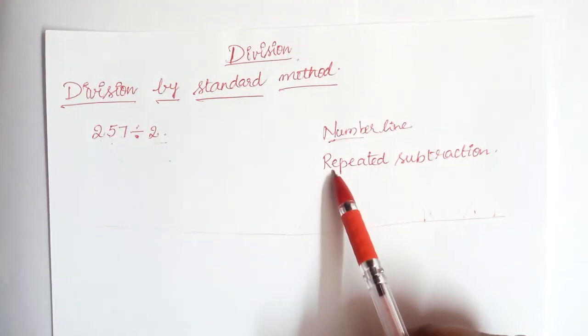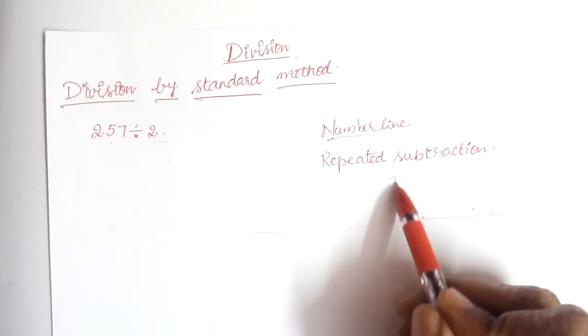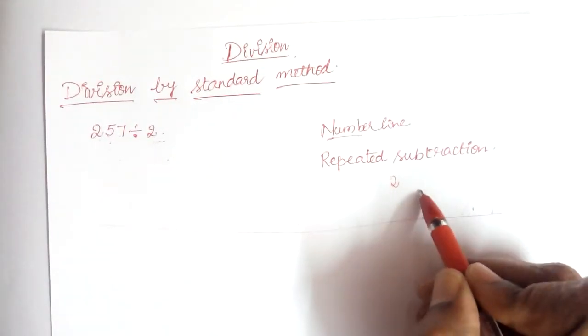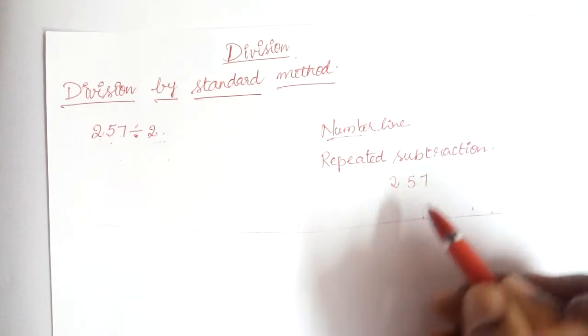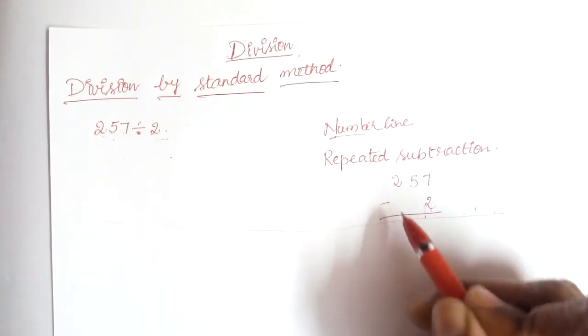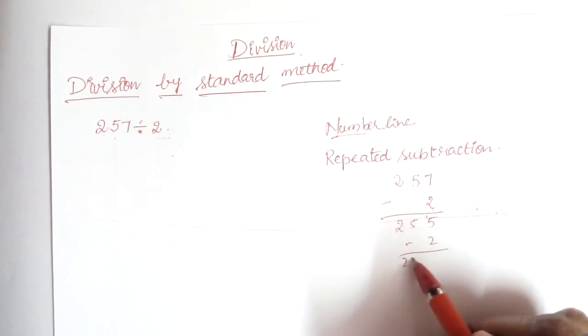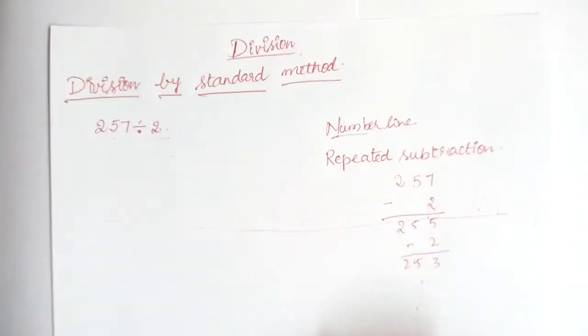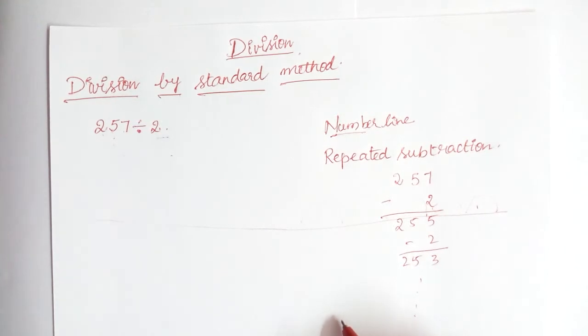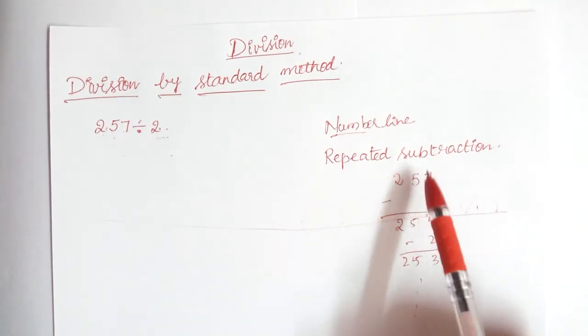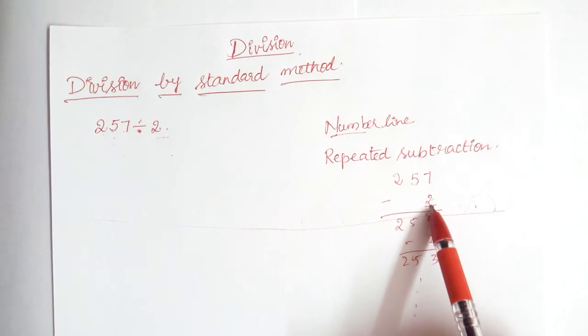And if we take repeated subtraction, we have to start subtracting 2 from 257, minus 2 is 255, minus 2, 253. Like this we have to do up to 0 or until we get a smaller number than 2.